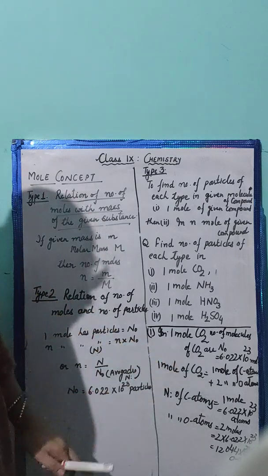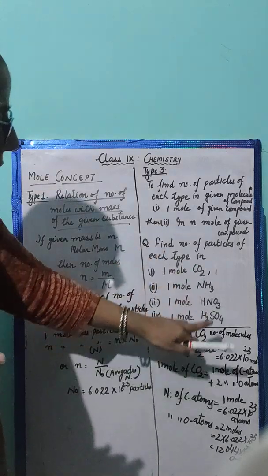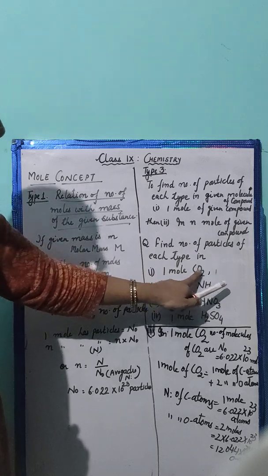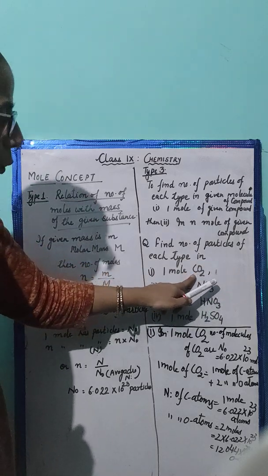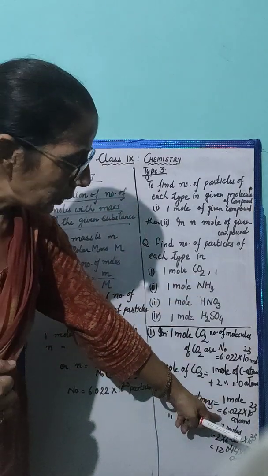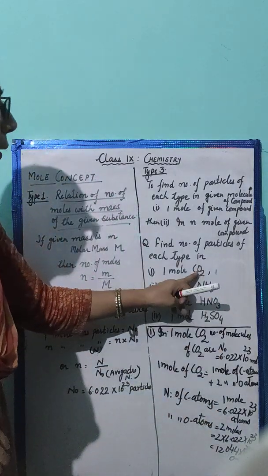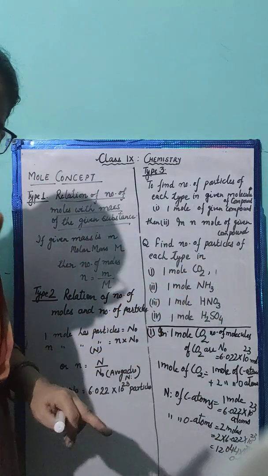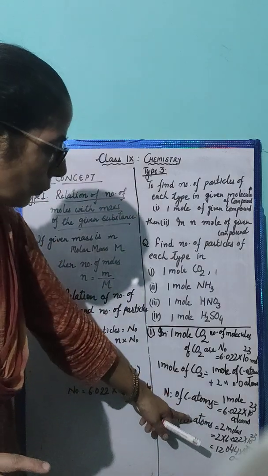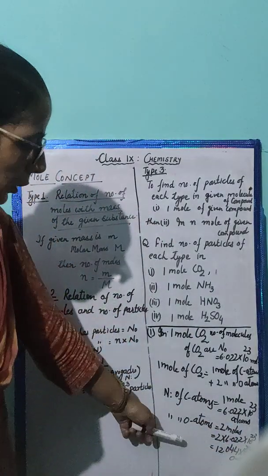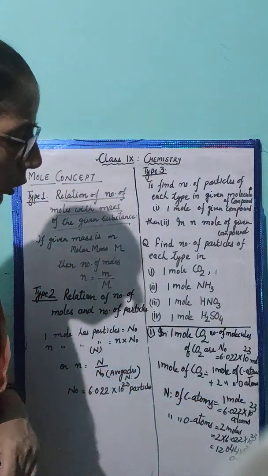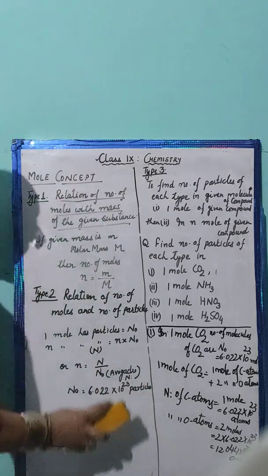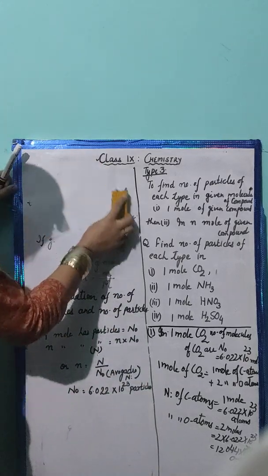But if asked what are the particles of each type, then in one CO2 there is 1 C and 2 O, so 1 mole of carbon atoms, 1 mole means again N naught atoms, and because there are 2 moles of O, 2 moles of O means 2 into N naught, that is 12.044 into 10 to the power 23 oxygen atoms. Hope you have understood. We will do more so that it becomes clearer.